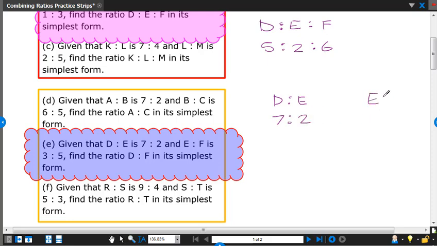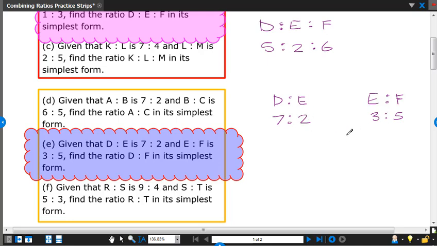So just do the exact same thing as the first. Let's convert these so that the E's have the same value. Well, it's going to be kind of hard to do that here, right? Because this is a 2 and this is a 3.